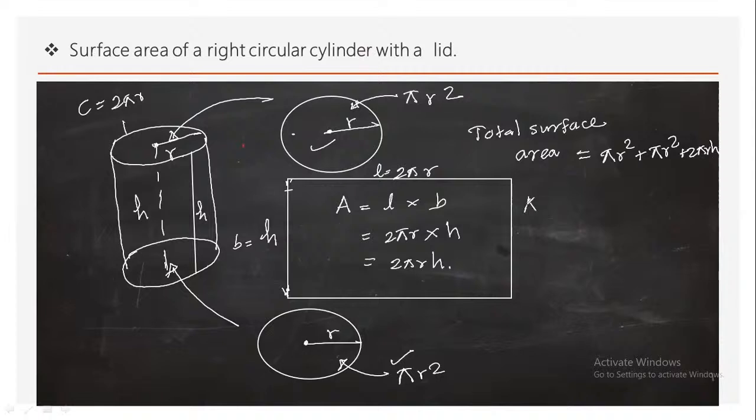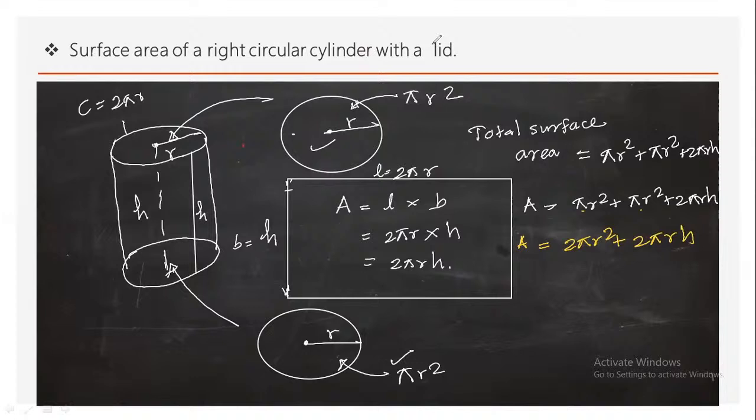In short form we can write area A equals pi r squared plus pi r squared plus 2 pi r h.